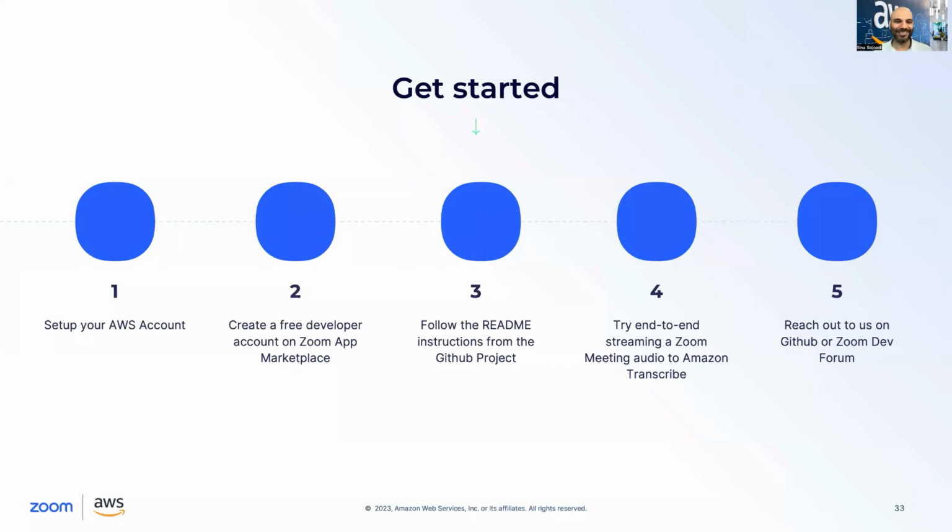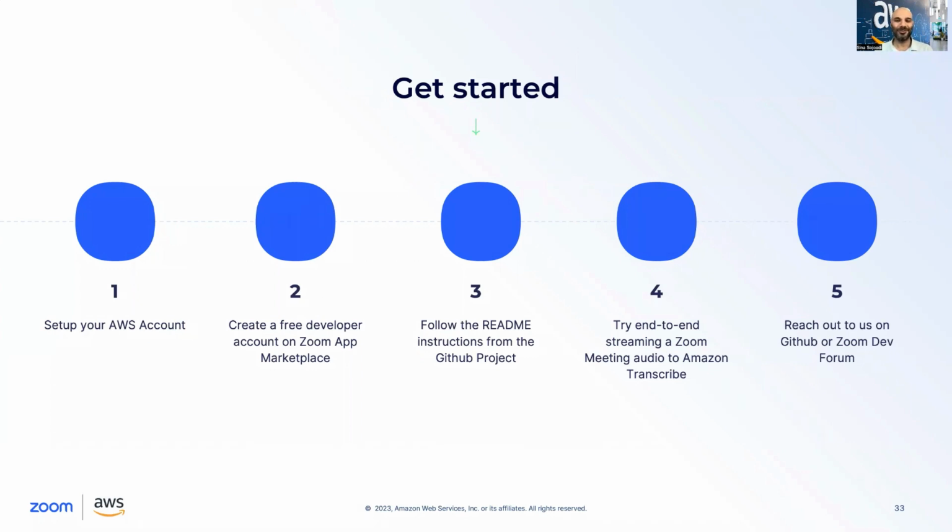Now, to get started, first, as I mentioned earlier, you need to have an AWS account, ideally with administrative access, so that you can try this out and build the solution on your developer environment. Then you need to sign up for a developer account using the Zoom app marketplace to register as a developer, get API keys, and also be able to download the Windows SDK.